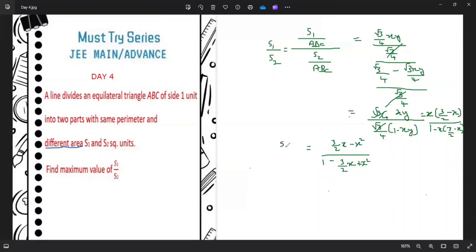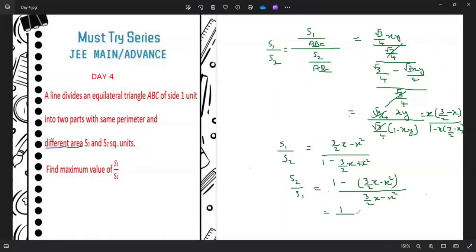Instead of doing S1 by S2, if you are doing S2 by S1, then this would be easier because it is becoming 1 minus 3 by 2 x minus x square, divided by the same 3 by 2 x minus x square.